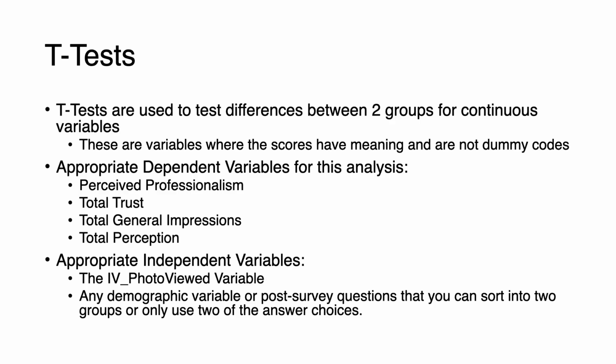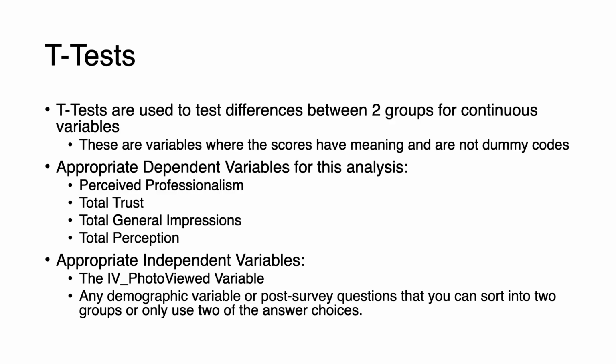If you want to use those, you have to sort them into two groups, because the independent samples t-test will only be able to run two groups against each other. The automatic code is 1 and 2, which I think for gender identity will work. But if you want to do something like the race ethnicity variable, or the educational status, you have to make sure you are identifying the code that's associated with the groups you want to look at.